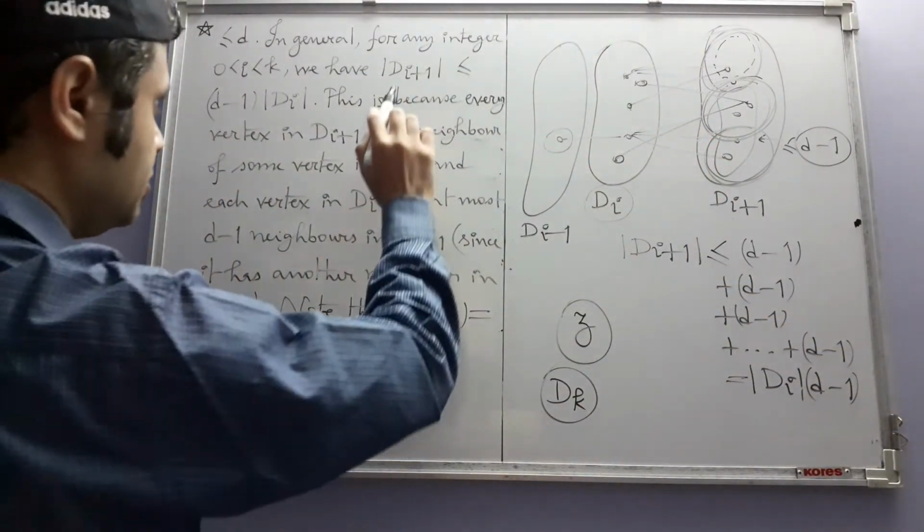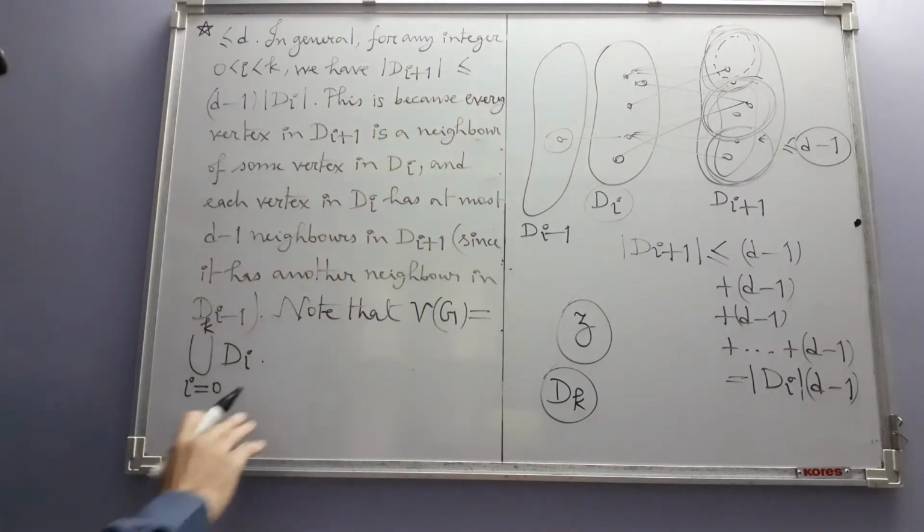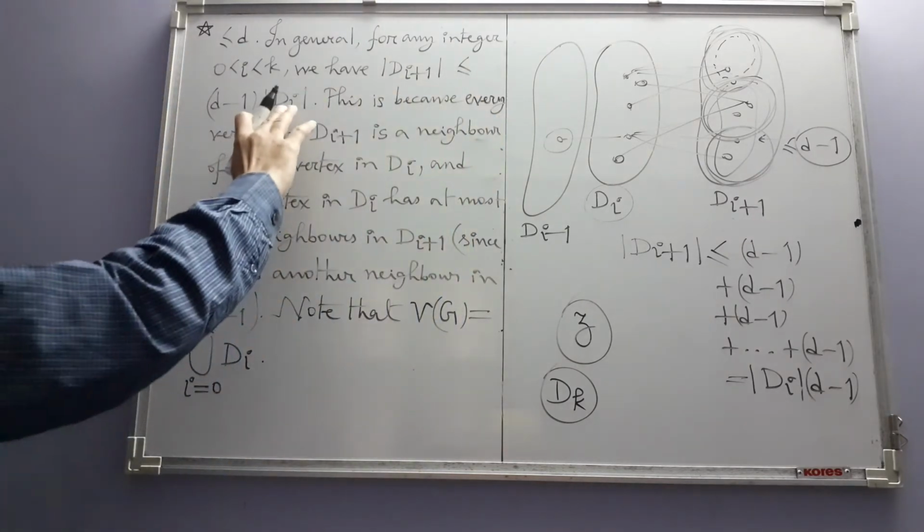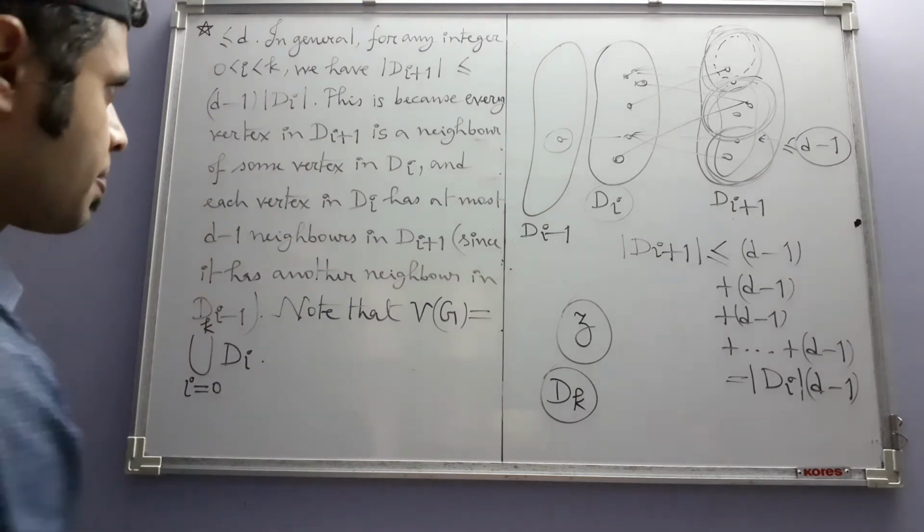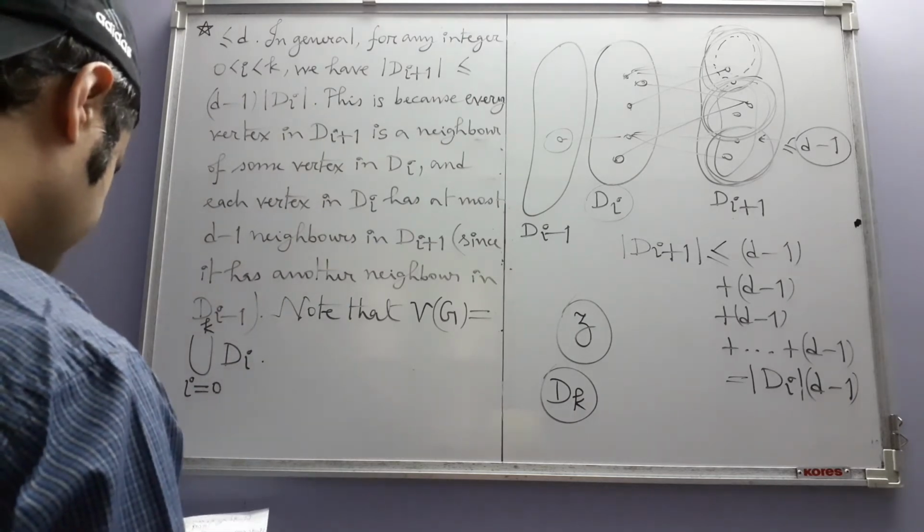Now if we use these inequalities one after another as we change the value of i, we get this.